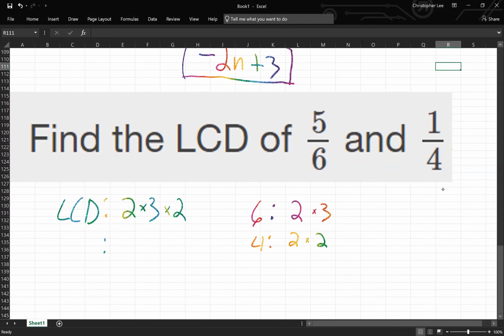So 2 times 3 is 6. 6 times 2 is 12. So that's my LCD, right? You can do a common denominator whenever you want to add or subtract them. It's just easier, in my opinion, to do the LCD. That's all. Any questions?